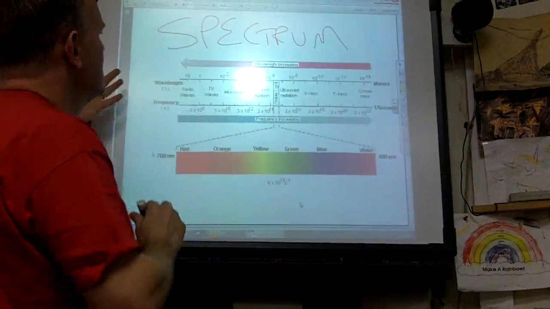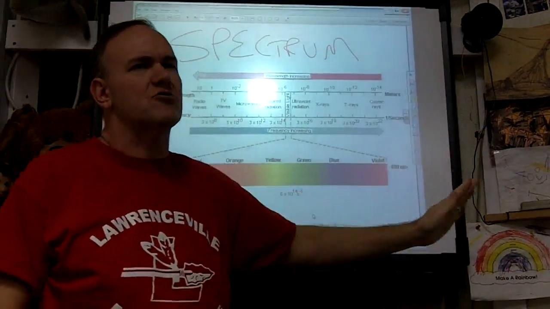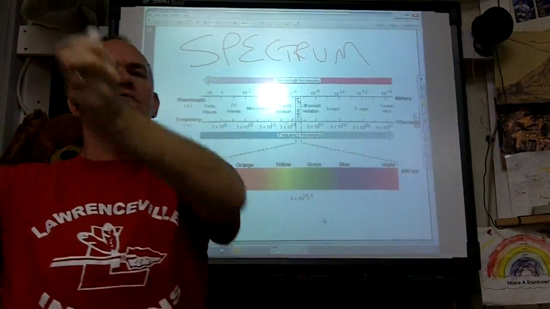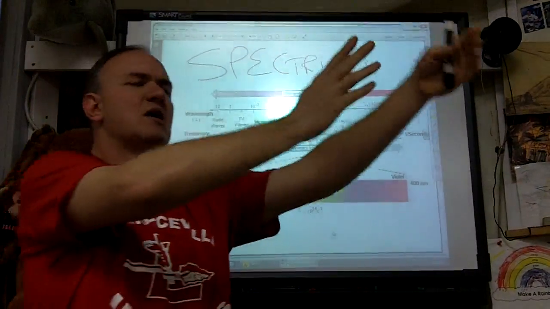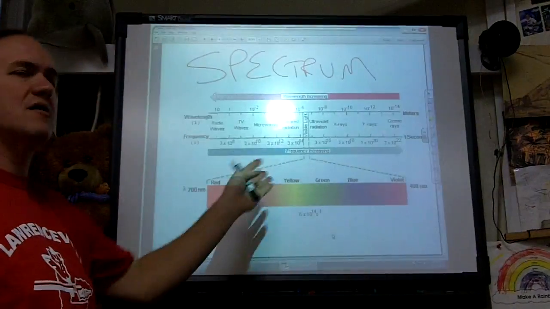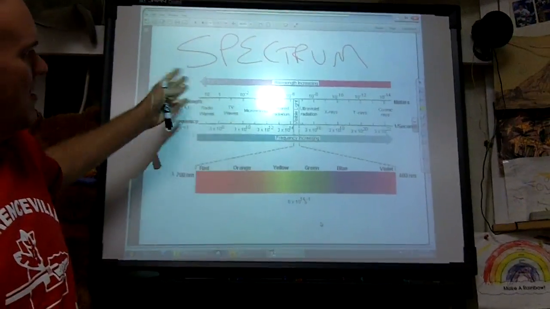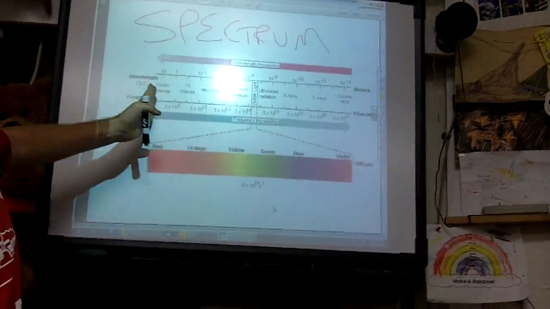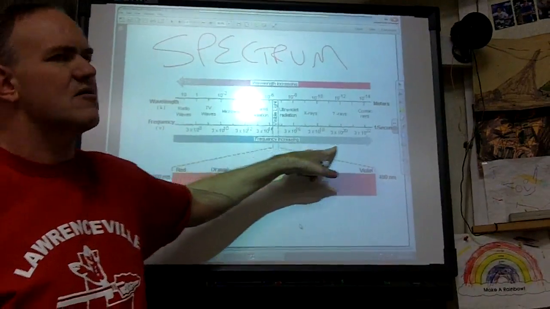we can talk about the spectrum, and what we have is we put all of the different kinds of light on the spectrum, and we arrange them from lowest frequency to highest frequency. That's how it's done on these papers. I'm going to give you one of these in a second. And on here it's always lowest frequency to highest frequency. You see there it says frequency increasing.